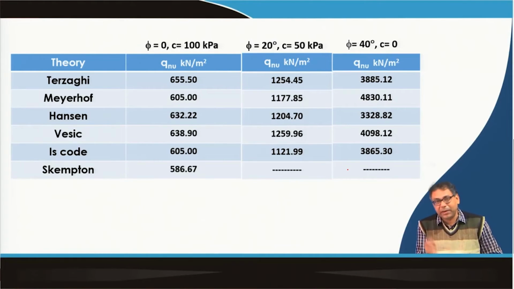It is not that one particular theory will always give the lower value and another always the higher value. That is not true. Even if you change the footing dimension, these things will change. So, we cannot say which theory will always give the higher value and which theory will give the lower value, but it is always recommended to use at least two theories when you calculate the bearing capacity.